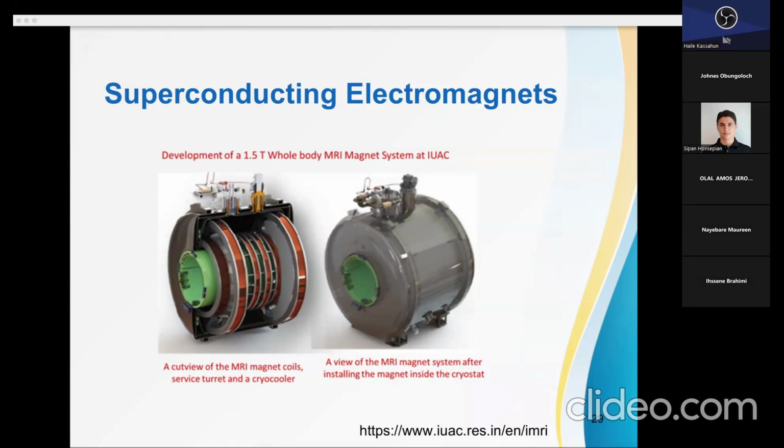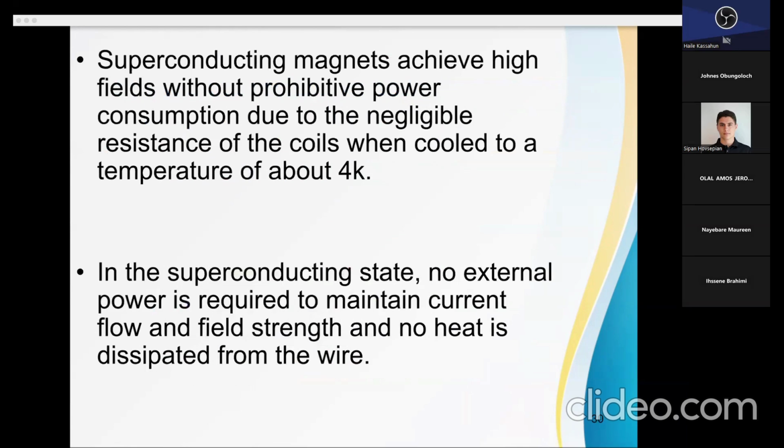And with your magnetic field increasing with the current, then you can have a relatively strong magnetic field. However, superconducting magnets also have their own challenges. You need to cool the conductors to about 4 degrees K. And this is a hard task to achieve in a small lab, I would say.